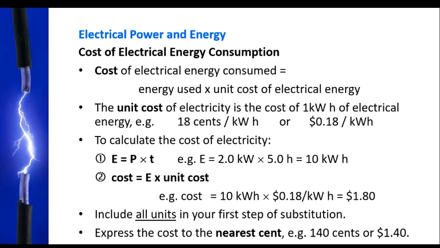That is the energy used. The cost of using this 10 kilowatt hours of energy is found by multiplying by the unit cost of electricity. So if the unit cost of electricity is 18 cents per kilowatt hour, then 10 kilowatt hours multiplied by 18 cents per kilowatt hour gives a cost of 180 cents.